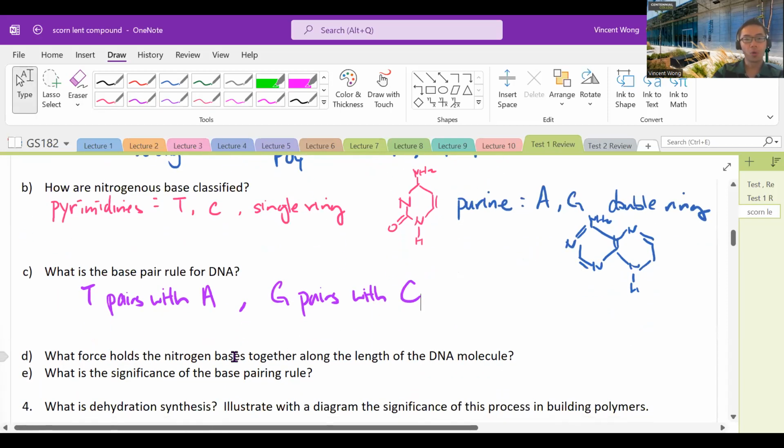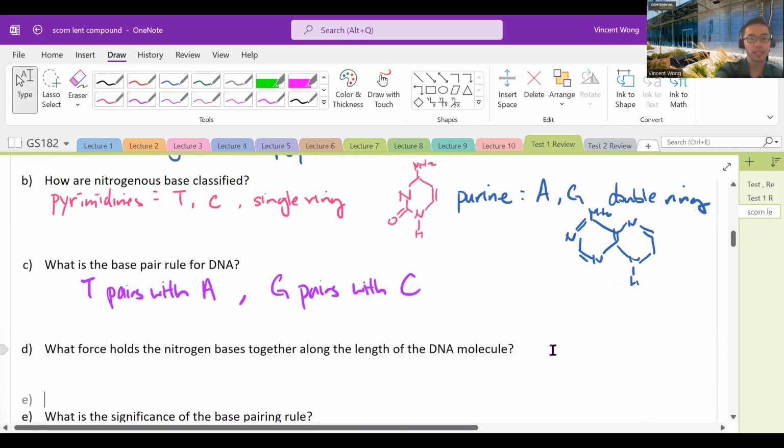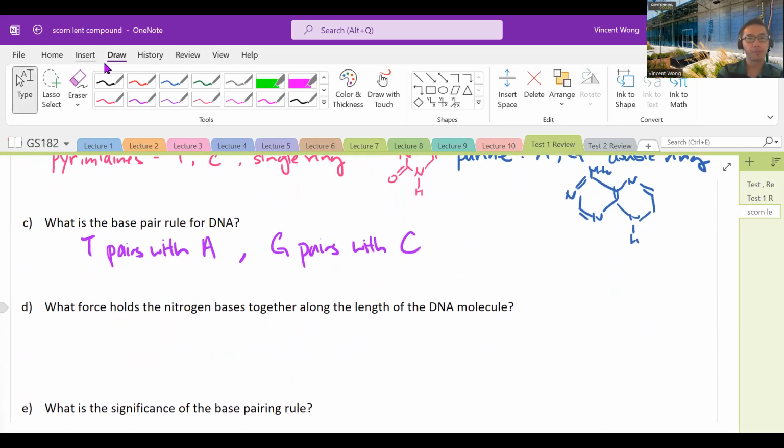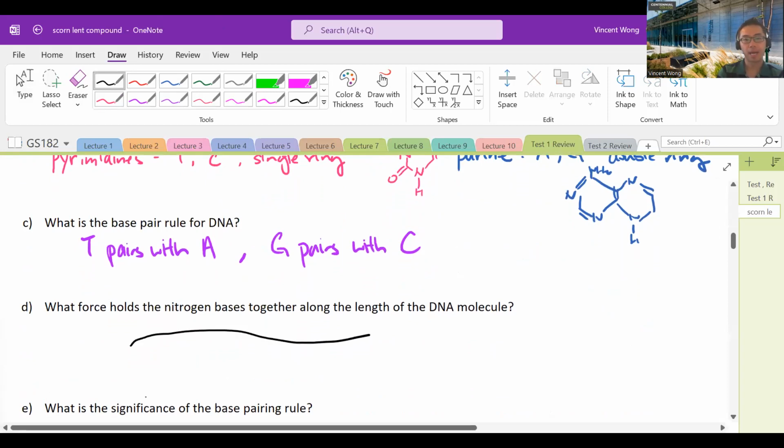What force holds the nitrogen bases together along the length of the DNA? And so if you think about a strand, this is the backbone, right? The DNA backbone, which is made up of sugar and the phosphate.